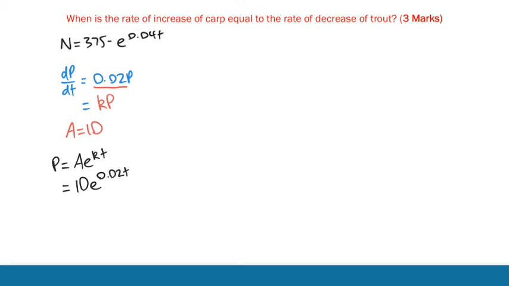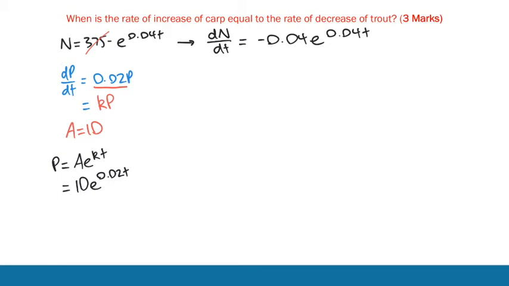So that's the setup. We now have an equation for n and an equation for p. The other thing we'll need is an equation for dn/dt, the derivative of n. We differentiate this as normal and get negative 0.04e^(0.04t). That first constant there vanishes, right?